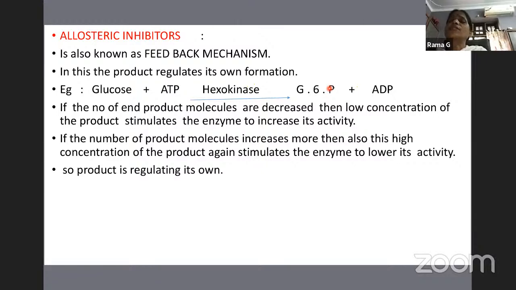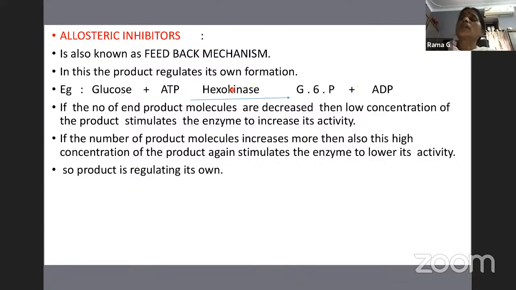In another situation, the molecules should be produced 10 in number, but more than 10 molecules are produced. That is also an imbalance. Then how will it be regulated? If they are produced less than the expectation, they stimulate the enzyme to increase the number of end products.